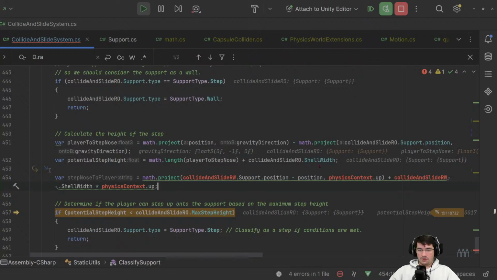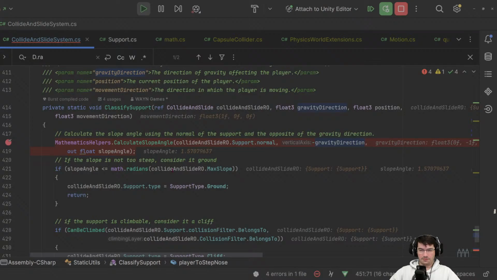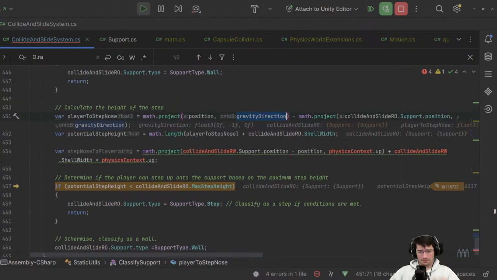And the physics up is gravity direction, minus the gravity direction.